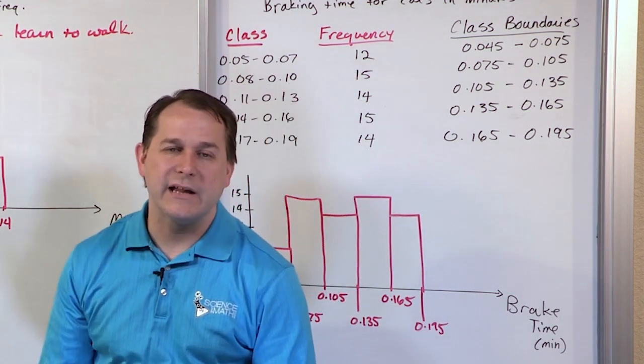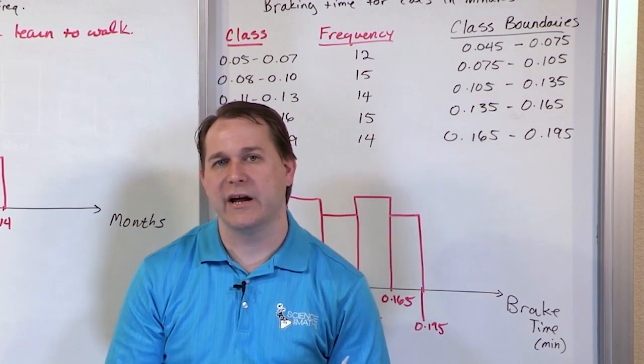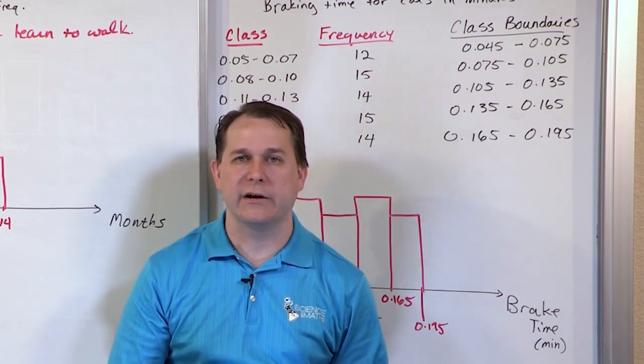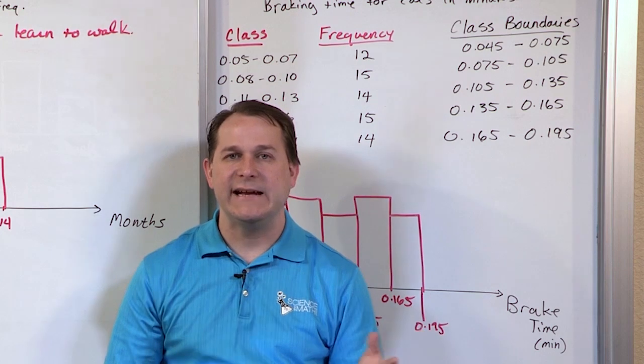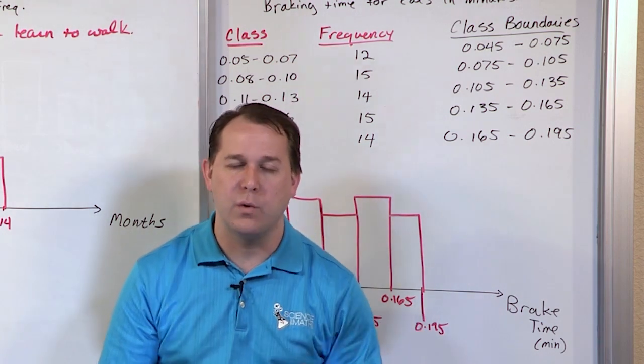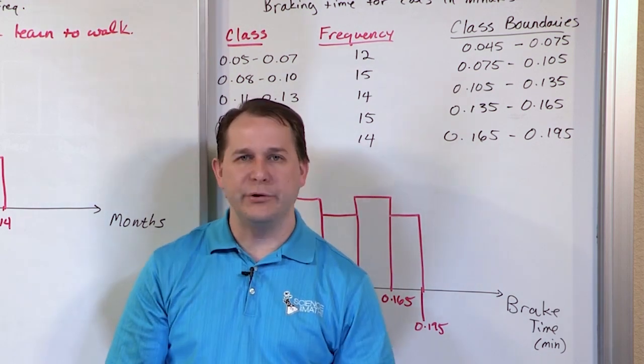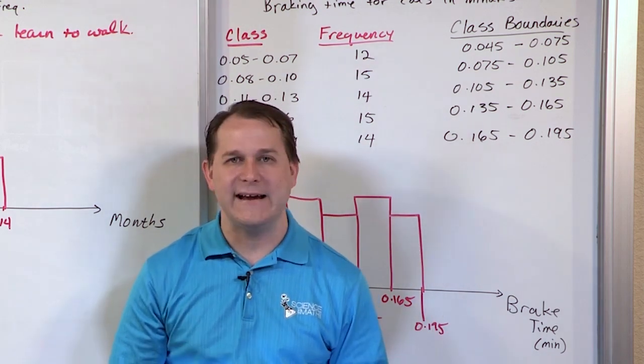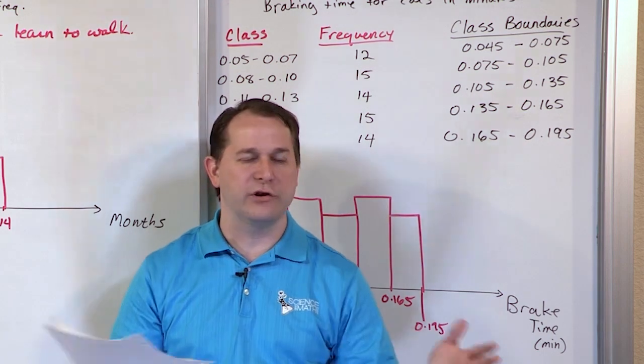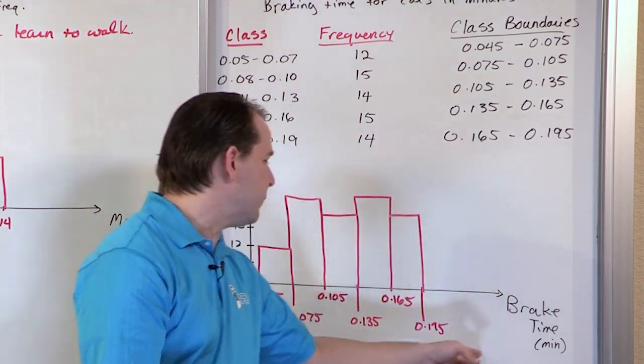Now, if you have a calculator, like a Texas Instruments calculator or some other fancy calculator, when you put your classes in, it's going to take care of a lot of this stuff for you. What we're doing now is learning the nuts and bolts behind it. If you use a computer program or a calculator and you put that data in and assign the classes, it's going to create that graph for you with the appropriate boundaries.